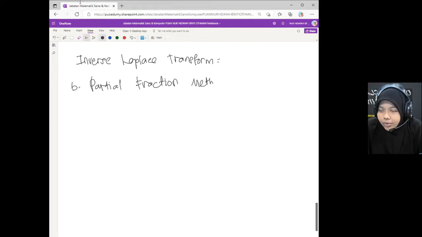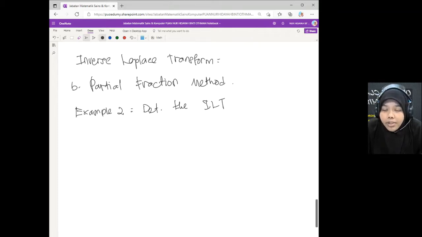Okay, at the last video we already looked at the first example, which shows the linear function. And for this example 2, we still want to determine the inverse Laplace transform using partial fraction, di mana for this example kita akan tengok repeated linear function lah.